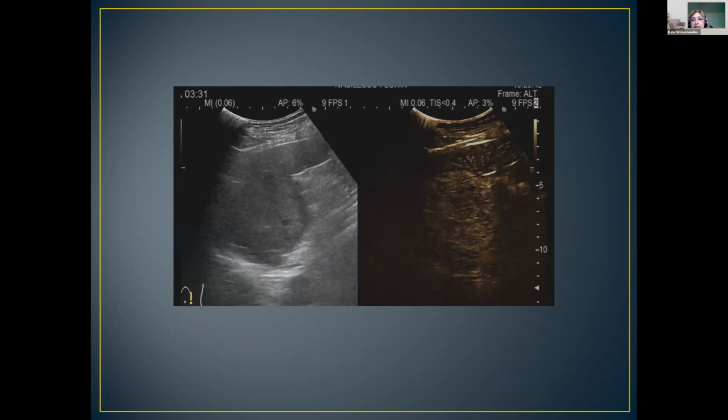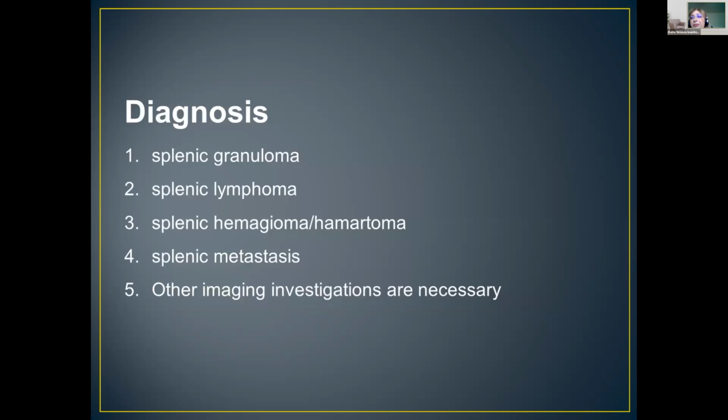So we consider this type of lesion a hamartoma, because hamartoma is described as normal splenic tissue around the arterial feeding artery.